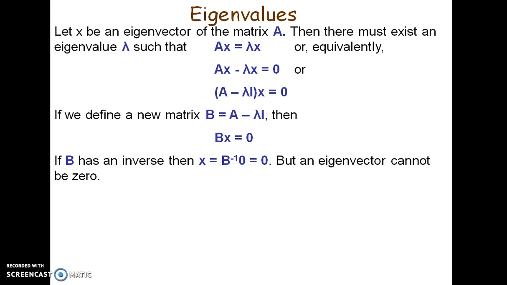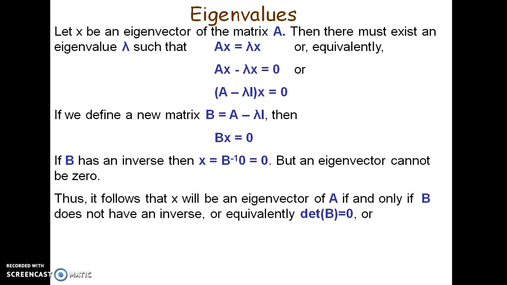If B has an inverse, then x equals B inverse times 0, which equals 0. But an eigenvector cannot be 0. Thus, it follows that x will be an eigenvector of A if and only if B does not have an inverse, or equivalently determinant of B equals 0, or determinant of (A minus lambda I) equals 0.